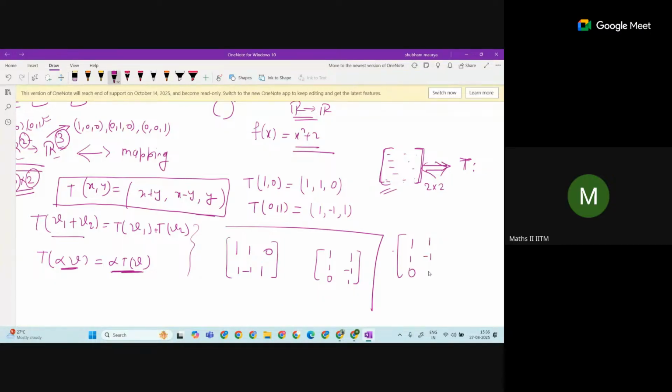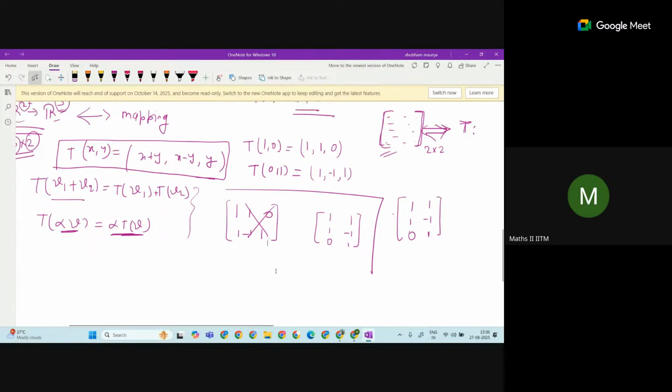Once you find the image, you have to write it in vertical form, not horizontally as we wrote earlier. Please remember this. We have done it many times. Whenever we write a linear transformation, we generally write the matrix representation also.